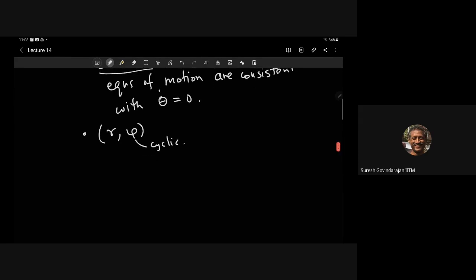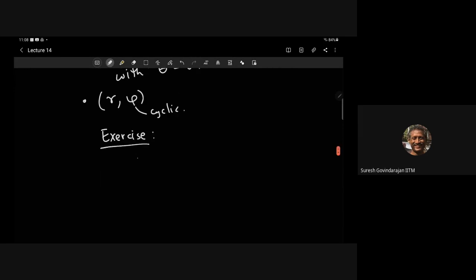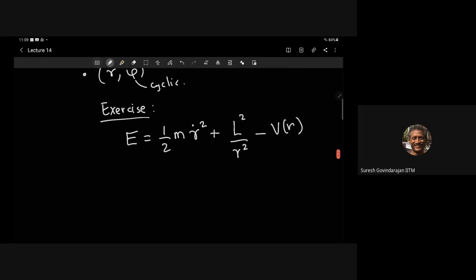Again, an exercise is to show that the energy, which is a constant of motion, is m r dot square plus L square upon r square minus V of r. Do this exercise without assuming theta equal to pi by 2.